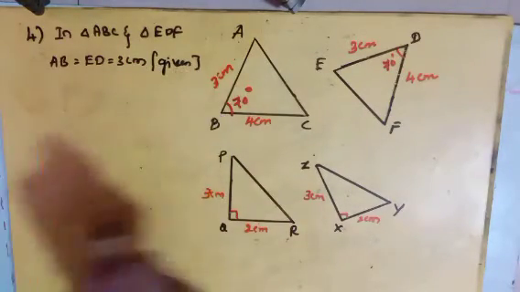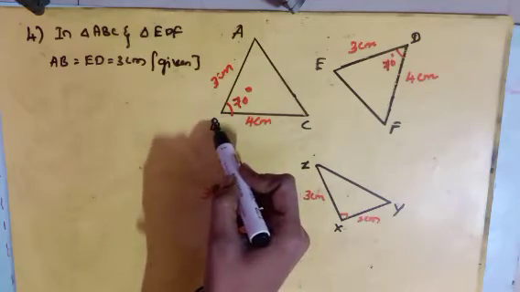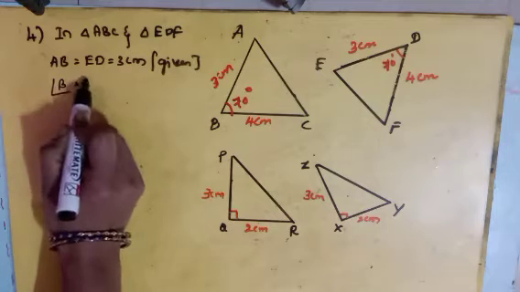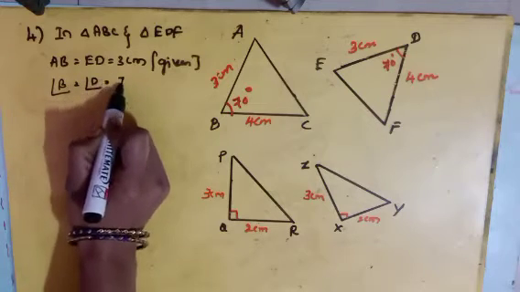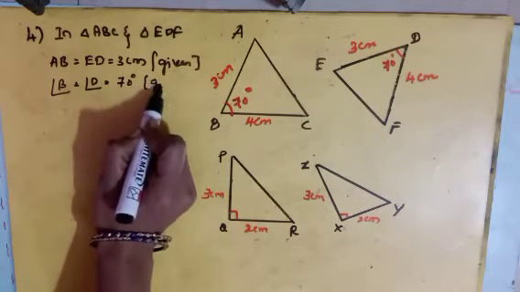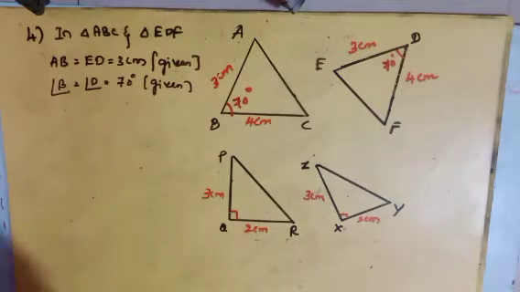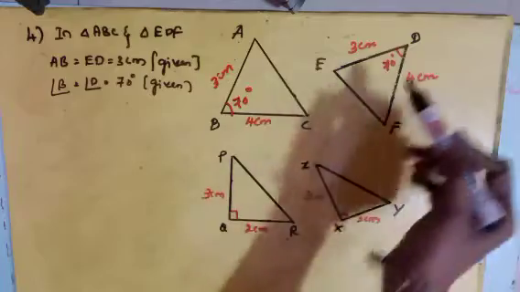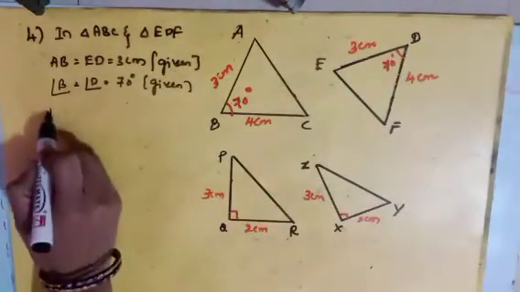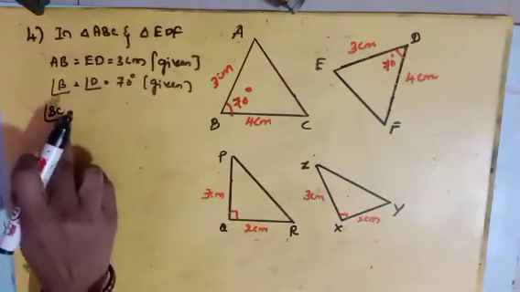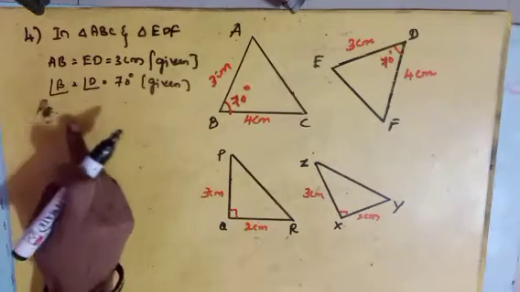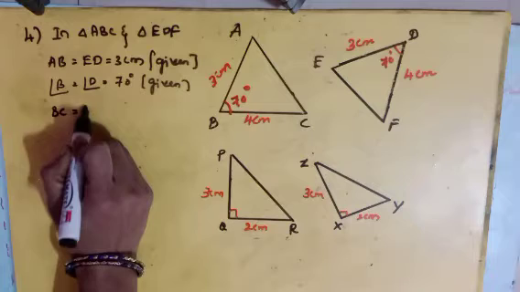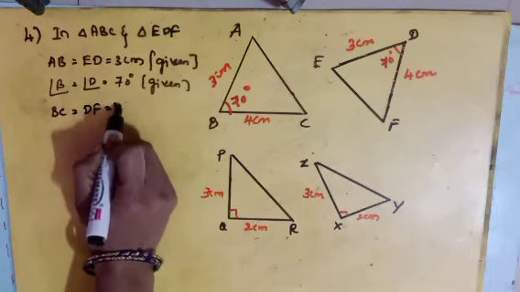Next, angle B equals angle D, which measures 70 degree. It is also given in the figure. Next, the side BC equals DF. The side BC, it is not angle, it is side. The side BC equals DF, which measures 4 centimeter.